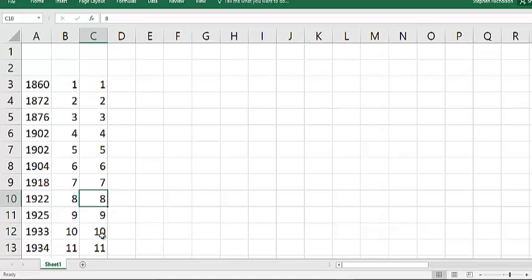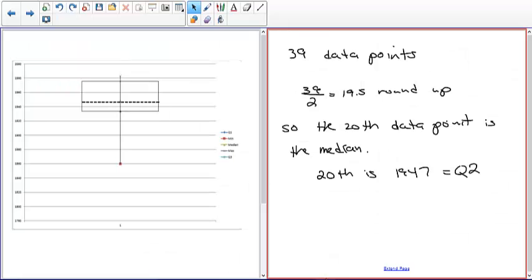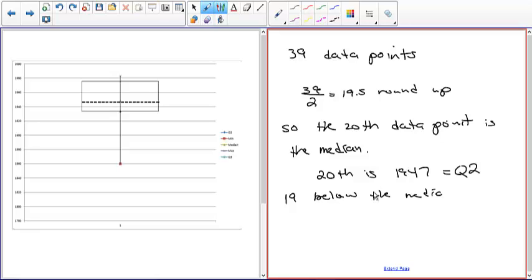Now we find the median of these first 19. Because 19 is odd again, if we go back to here, we have 19 below the median and 19 above the median. Before, we had 20 below and 20 above, and the median wasn't one of the data points, it was the average of data points. So now we're going to find the median of the 19.